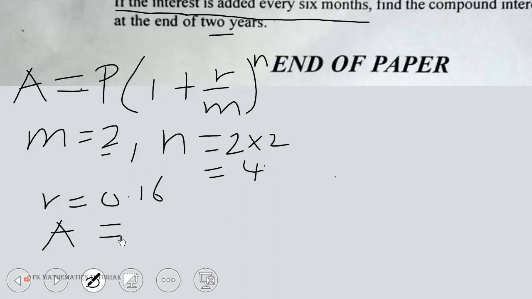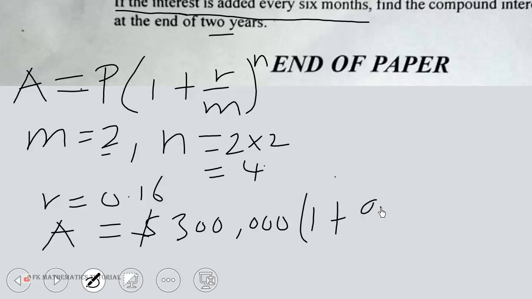So let's substitute to get $300,000 times 1 plus 0.16 over 2 exponent 4.